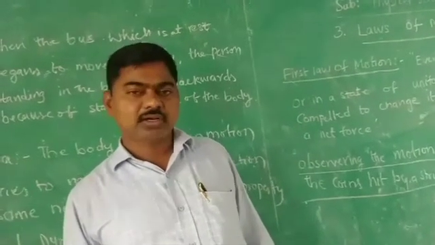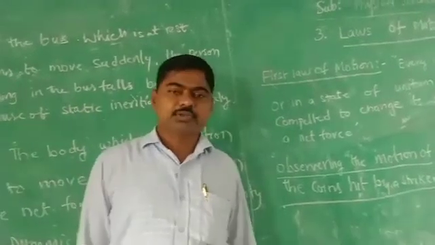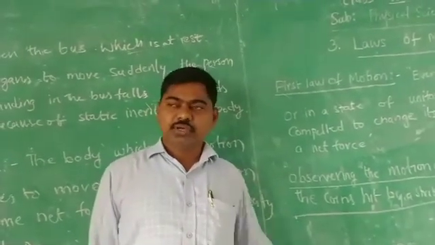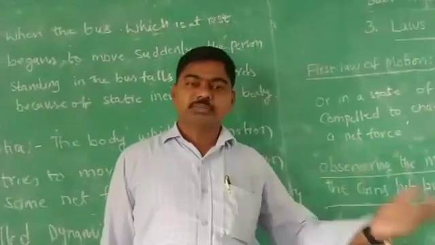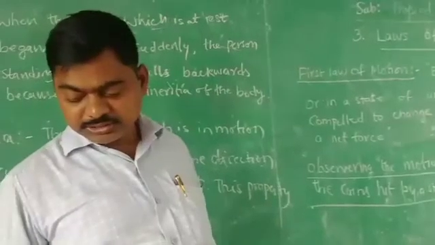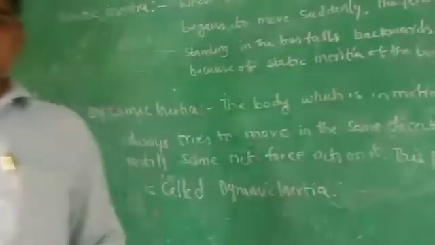The cycle will have less inertia compared to the car. The car will have more inertia. If you compare another bus and the car, the bus will have more inertia. This is about dynamic inertia.